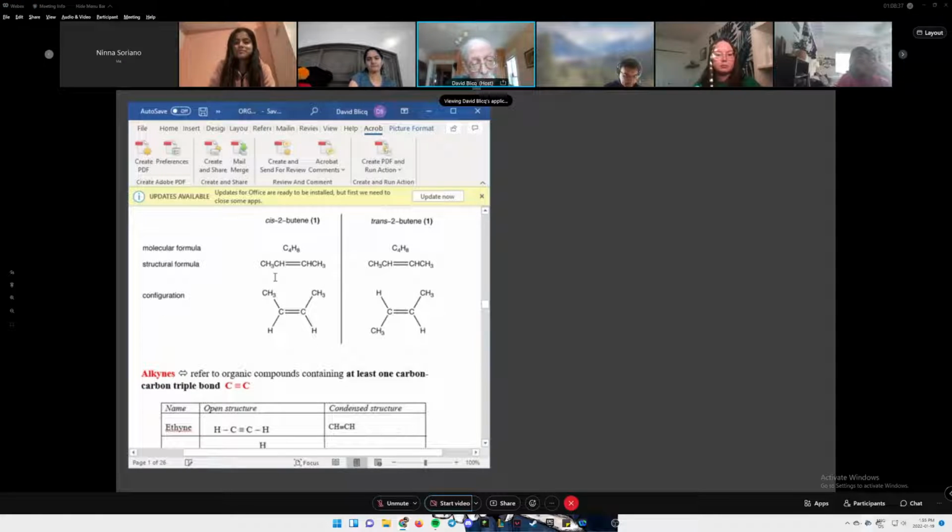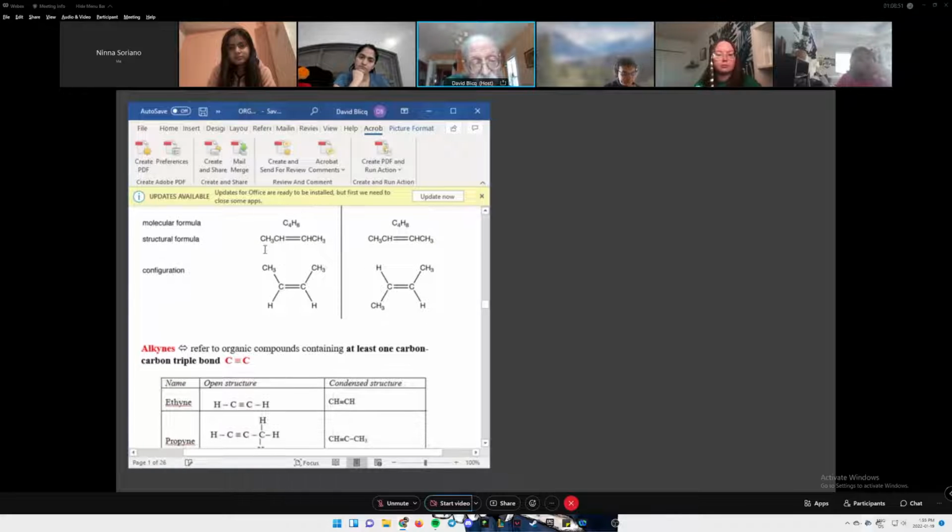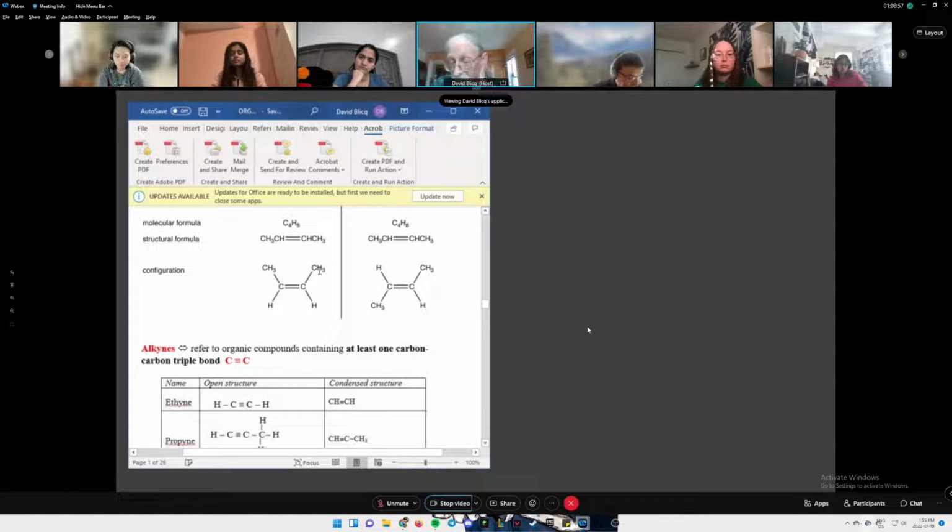All right. So in this case, we would have drawn this like this. 1, 2, 3, 4. It's butane, methyl, ethyl, propyl, butane. And in the middle, we've got a double bond. But that means these methyl groups are attached. And here's the reason I'm telling you.